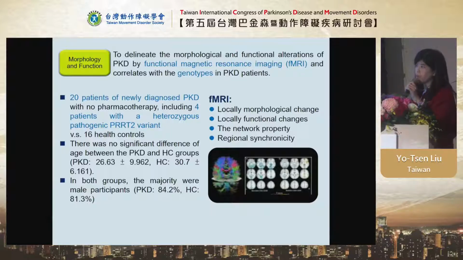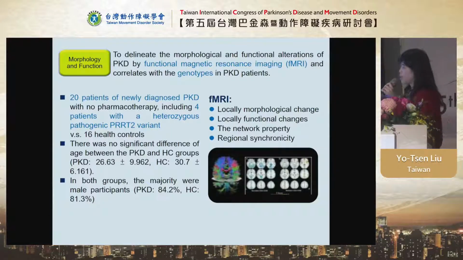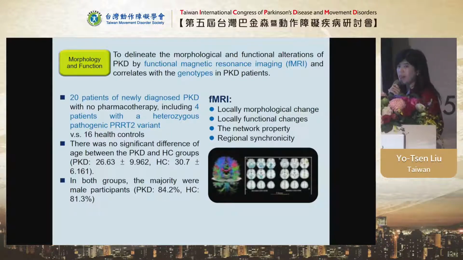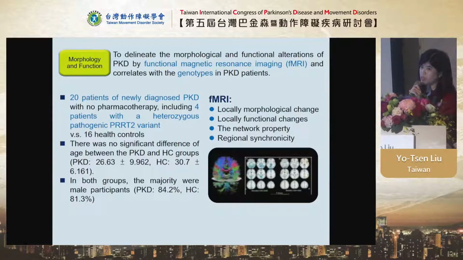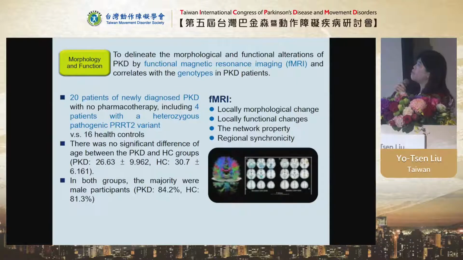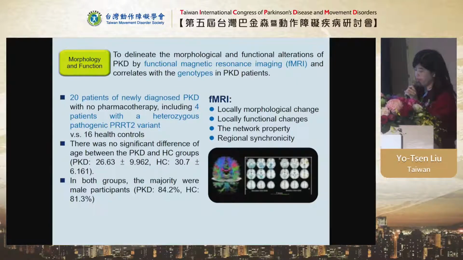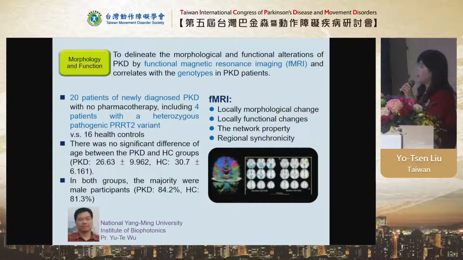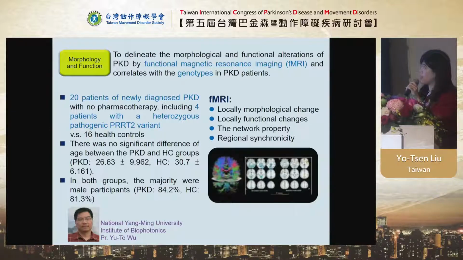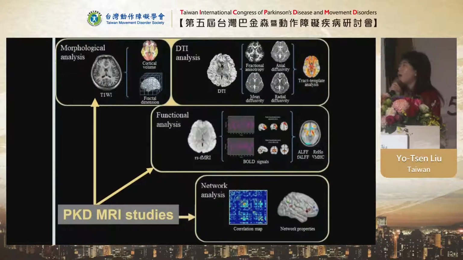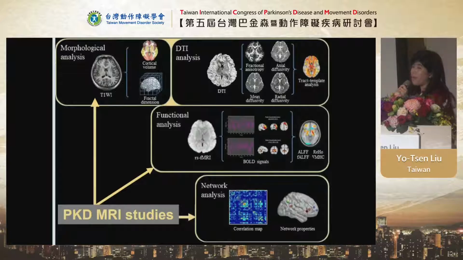Again, we want to get rid of any treatment response interference, but we follow their MRI from the pre-treatment to the post-treatment period. Among them, 4 patients carry a PRT2 mutation, and this work was collaborated with Professor Yu Wu at the National Yangming University. This is our scheme of the PKD MRI study.